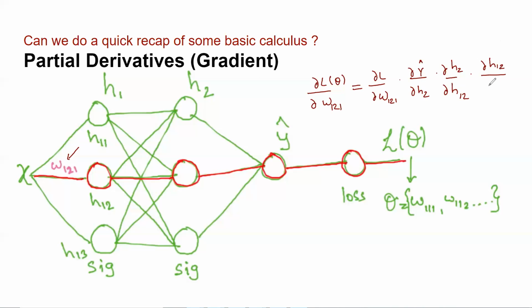This is called the chain rule. Okay, am I missing anything? No.